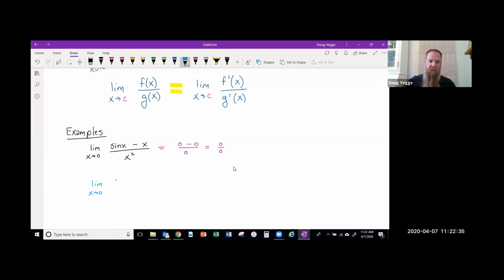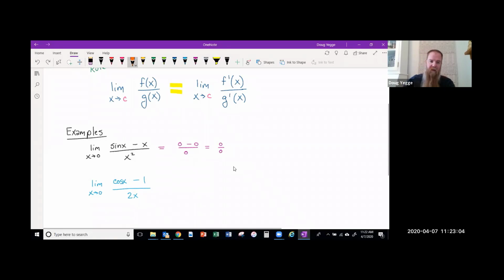All we're doing is taking the derivative of the top, which is cosine x minus 1, and dividing by the derivative of the bottom, which is 2x. Notice the limit is really important to still be there. You have to put that limit. If you don't put the limit, then this isn't true. We're not saying that this function is equal to this function. We're saying that their limits happen to be the same, so this is a way to find the limits.